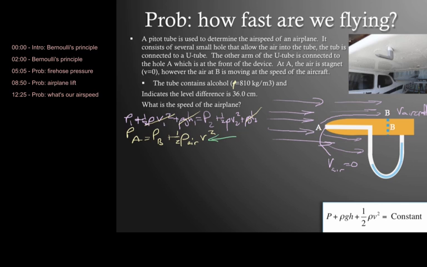So moving on, this gives us the pressure here at B. So the pressure at B we just found, since we know the pressure at A, and we also know that this pressure at A is going to be just atmospheric pressure, so we know that.